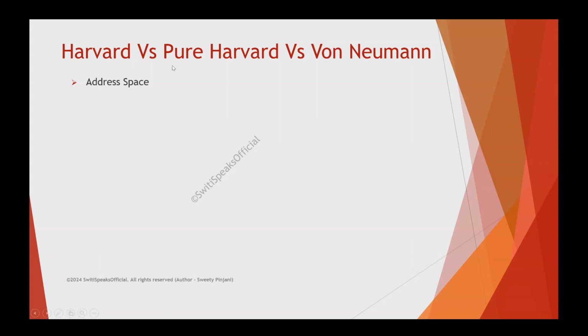Now, what happens in case of Von Neumann architecture? If you remember, in Von Neumann architecture, we said that there is going to be the same memory for instruction and data. It means only one address space, instruction or data, will start from zero. Only one address space, because this address space is going to be shared.